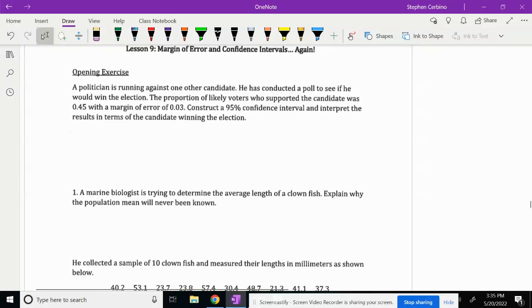All right, so I'm hoping that you paused the video and you actually attempted this on your own. So one of the things, whenever we see the words 95% confidence interval, we're thinking of the confidence interval is equal to the proportion of the sample that we have plus or minus the margin of error. And remember, to calculate margin of error, it's 2 times the standard deviation.